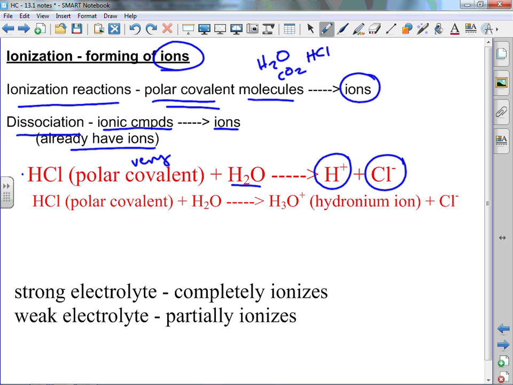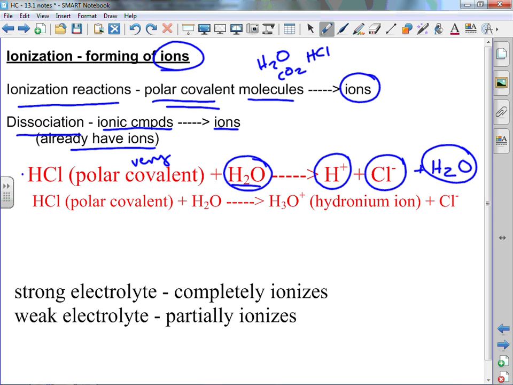Another way to write this would be HCl, which is very polar, plus water. We write H3O plus, which is what we call a hydronium ion, plus chlorine. If you notice, in the first one it's H plus, and the bottom one's H3O plus. Really, we still have water being produced on the right-hand side. This is like a spectator.